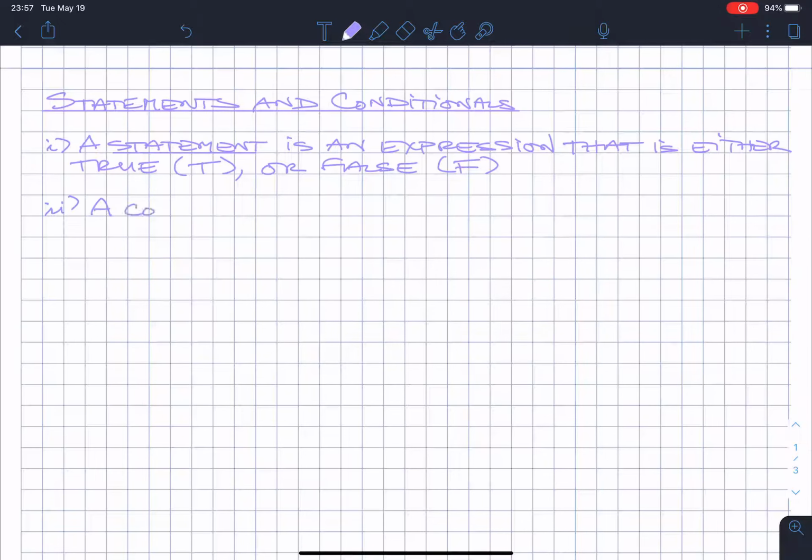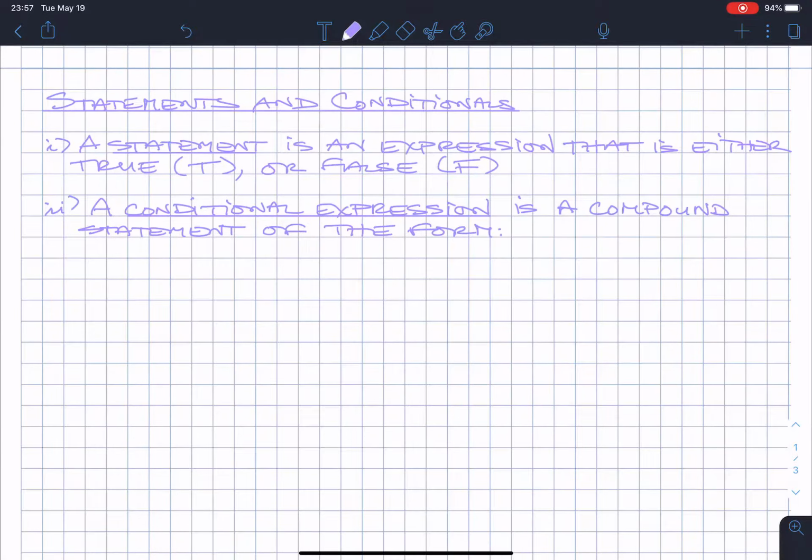A conditional expression is a compound statement of the form if P, then Q. Remember, a statement is something true or false. It is denoted by P, a right arrow, Q. So this is read aloud, if P, then Q.